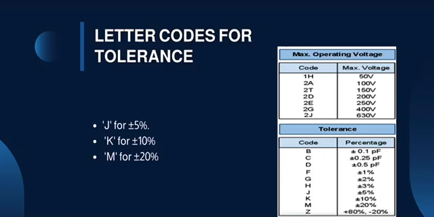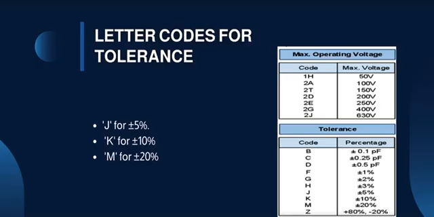For example, J represents an increase or decrease of 5%, K is 10% and M is 20%. It's not arranged in alphabetical order, so you need a table to actually understand the tolerance for the capacitor.